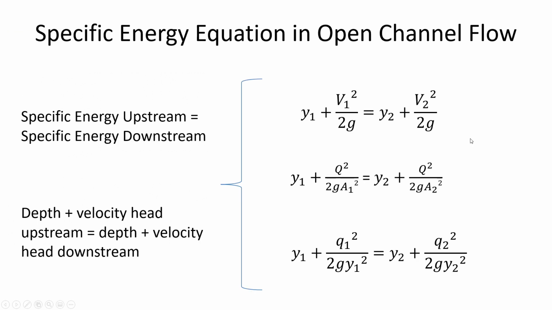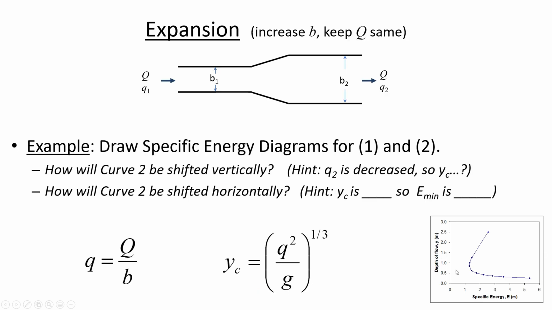So the delta Z doesn't apply if the channel is changing its width. But this third formula is going to be pretty useful because the flow per unit width is changing. So we can use that flow per unit width, and then the only unknown is going to be the new downstream depth Y2.